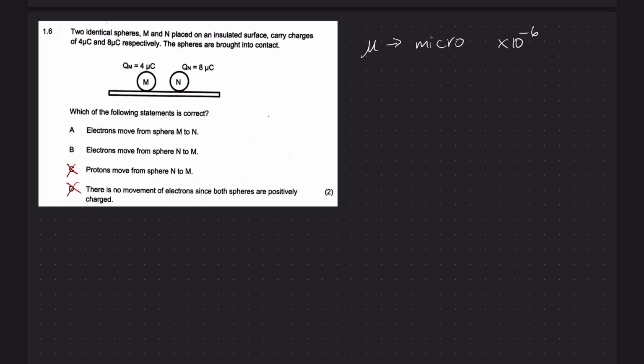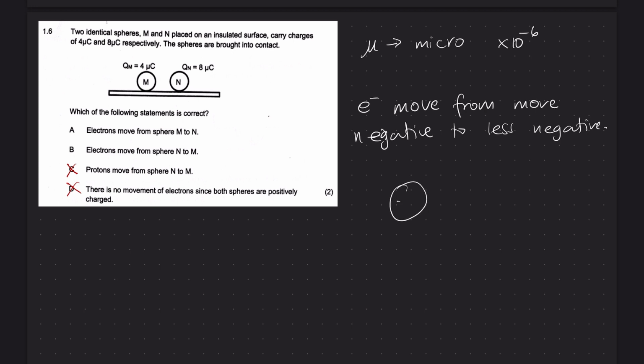And the statement is: electrons move from more negative to less negative. You can think of it like this. Separate example now.